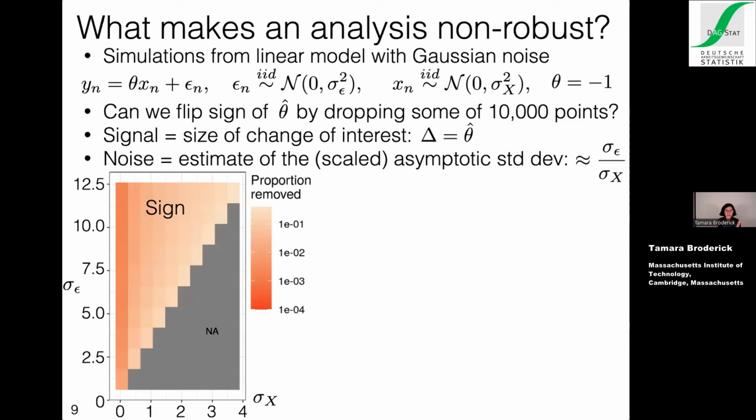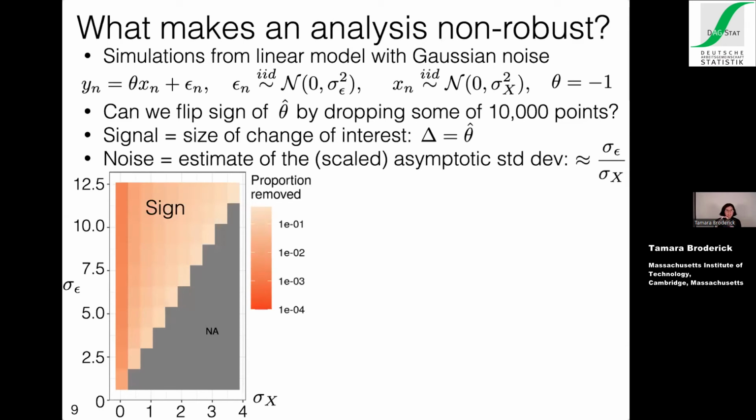So what we're doing here on the horizontal axis is we're increasing sigma x. We should be making this an easier problem by increasing sigma x. On the vertical axis, we're increasing sigma epsilon. We should be making this a harder problem by increasing sigma epsilon.